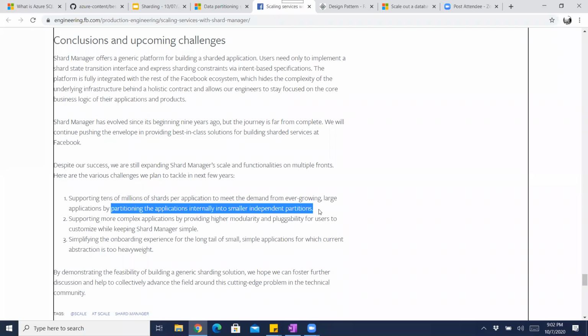Not specifically for Facebook, but a real world example could be, let's say you are storing the population data of a country, and if you partition it based on states, let's say 50 states in the US, then if one of the partitions goes down, you are basically losing the entire state's data.